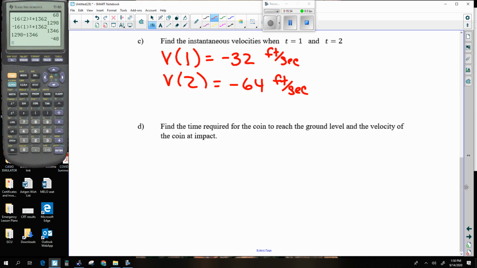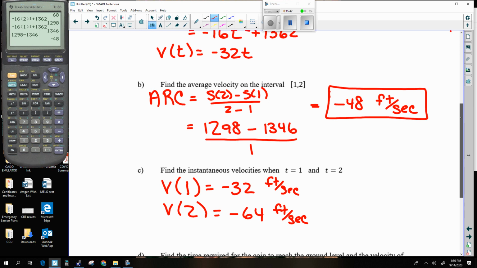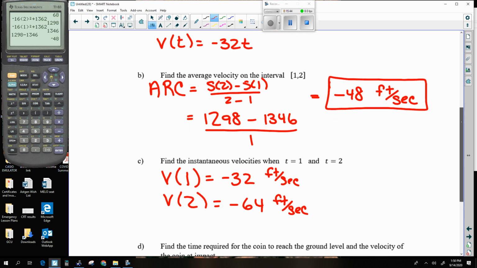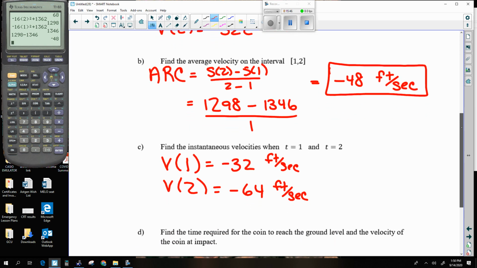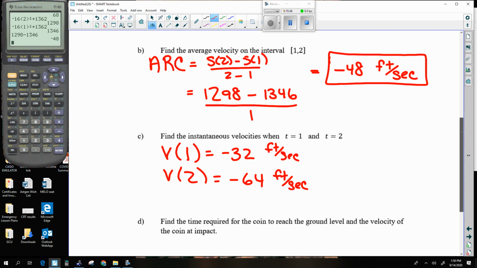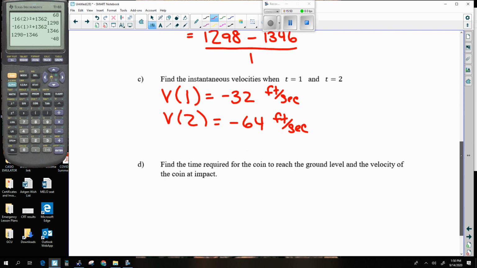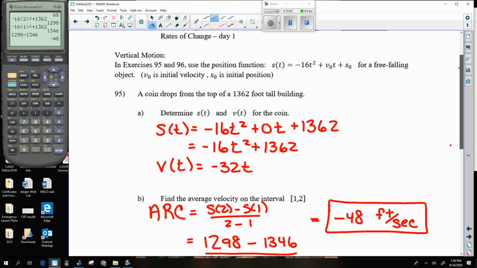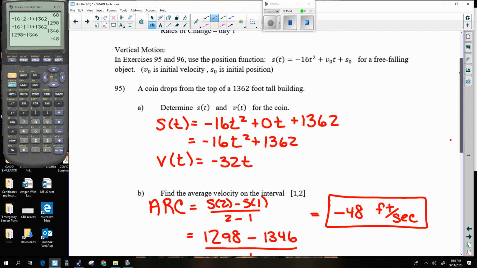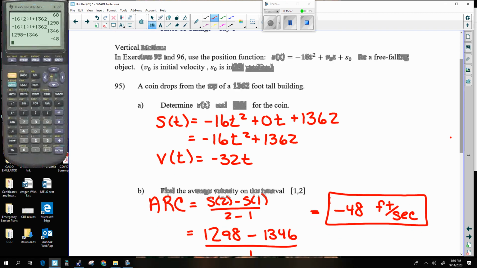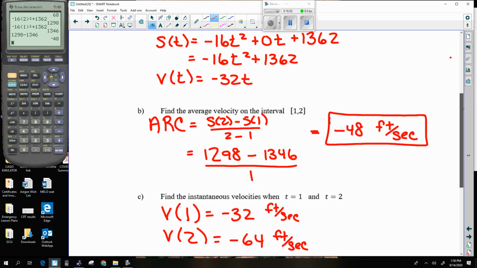Find the time required for the coin to reach the ground and the velocity of the coin at impact.